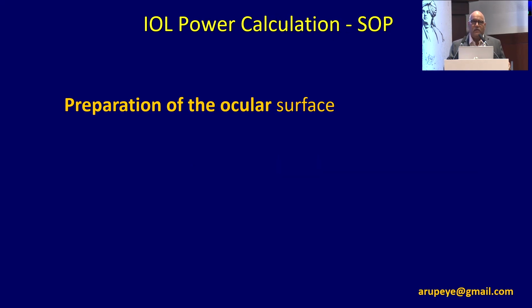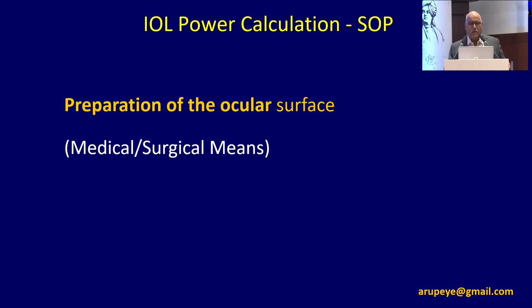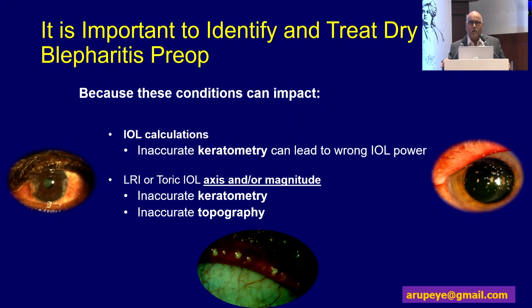And ocular surface, we have realized over the last couple of years, is very, very important in this context. If the ocular surface is suboptimal, it may result in poor refractive outcome, whether with monofocal or multifocal IOLs, or toric technology where you get a wrong axis and wrong IOL power. So it really messes up your postoperative outcome.